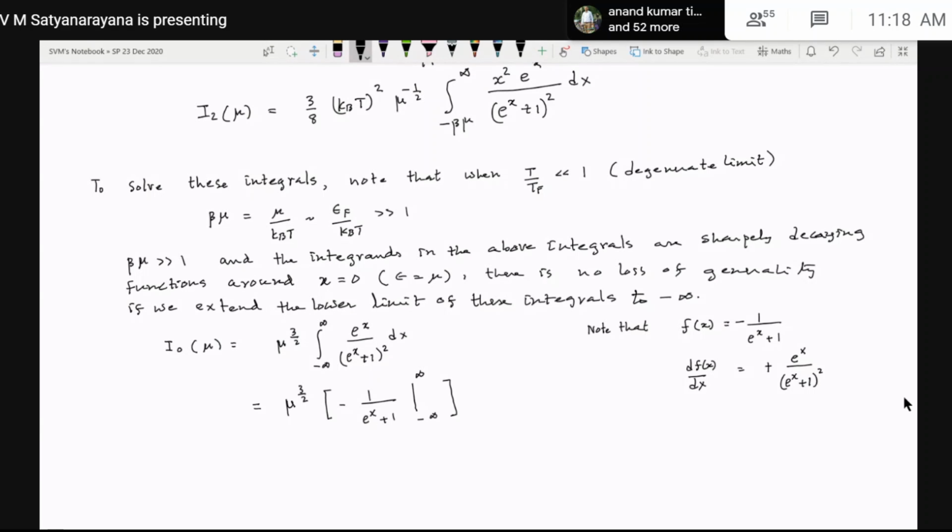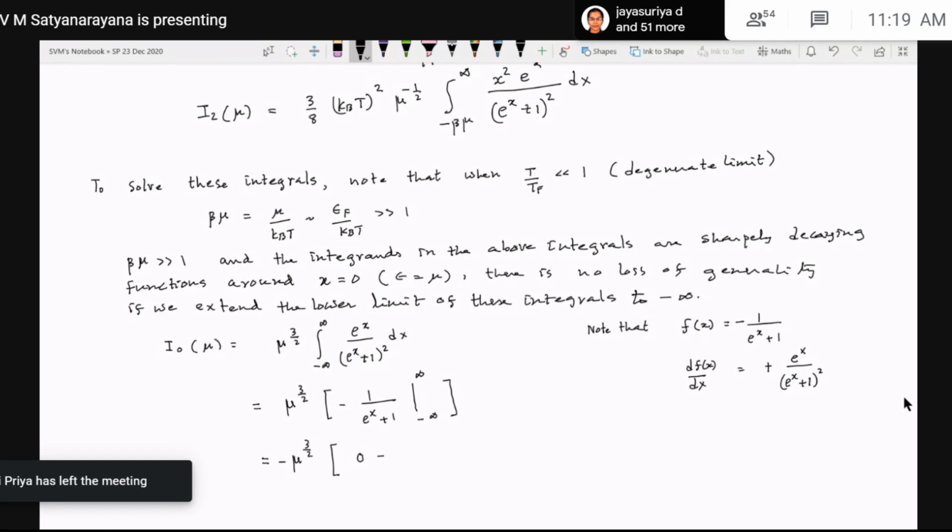So now that is equal to mu to the power 3 by 2. If I put plus infinity, e to the infinity is infinity, so 1 by infinity is 0. Let me put this minus sign outside. So first I get 0 minus, if I put minus infinity, e to the minus infinity is 0, then I will have 1.